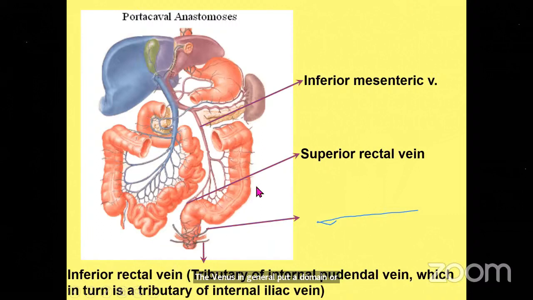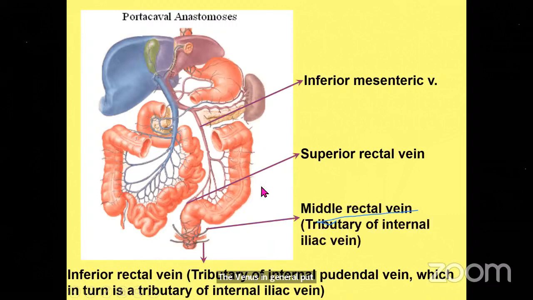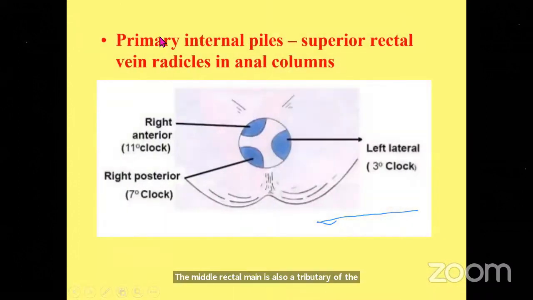Just try to identify which belongs to the caval system. The middle rectal vein is also a tributary of the internal iliac vein. Now, when we talk about primary internal piles, you can see the radicals of the superior rectal vein in the anal columns at three important positions: 3 o'clock, 7 o'clock and 11 o'clock. These are the commonest positions where you can look for the primary internal piles.